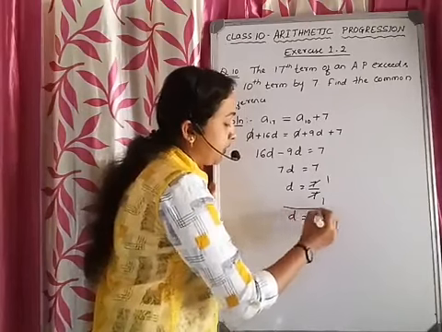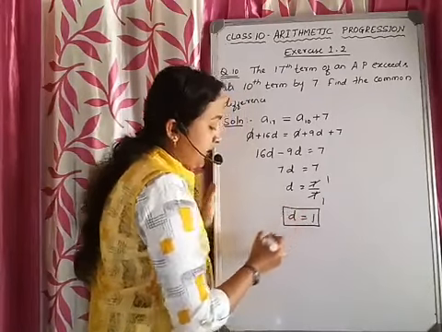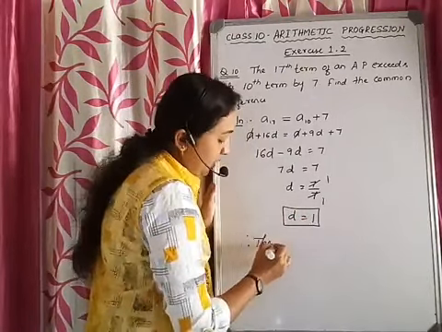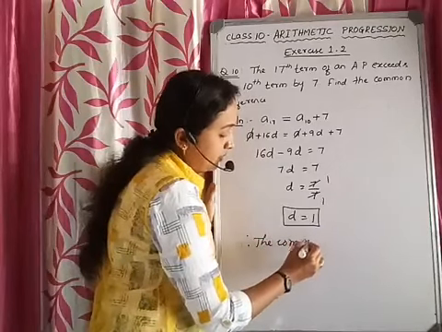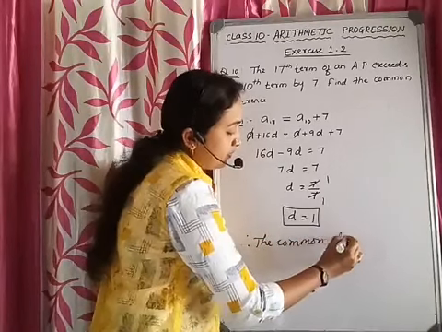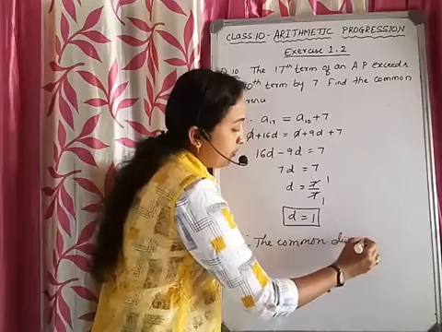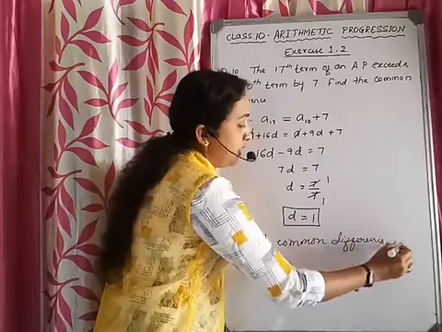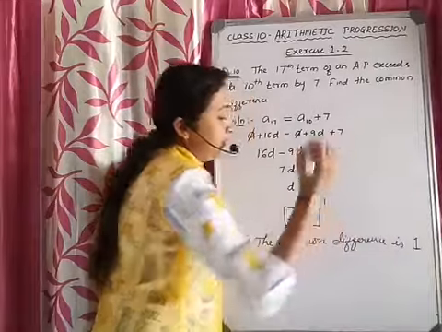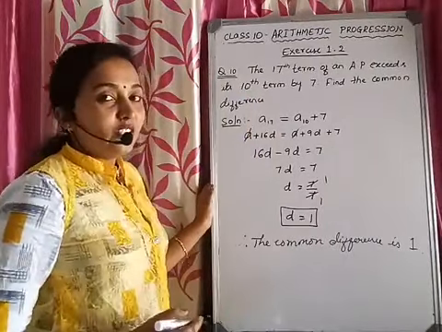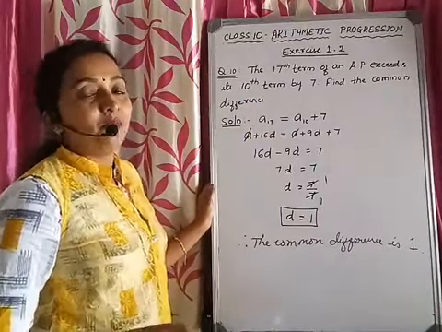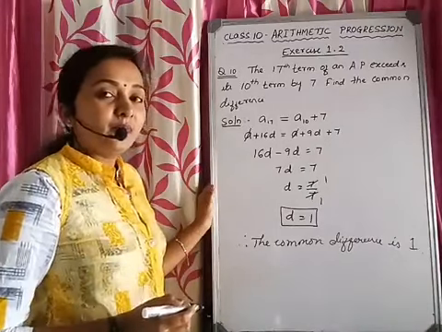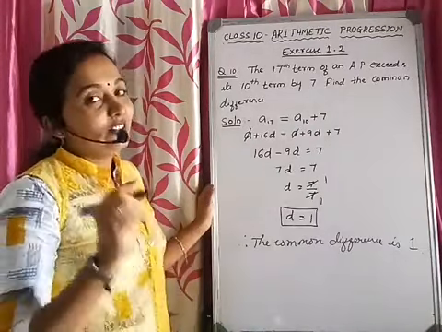So D is equal to 1. Therefore, the common difference is 1. The answer of this question is very simple. Do you understand, children? Okay, let's go for the next question.